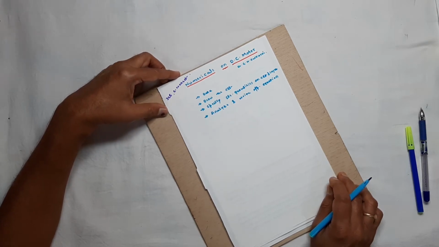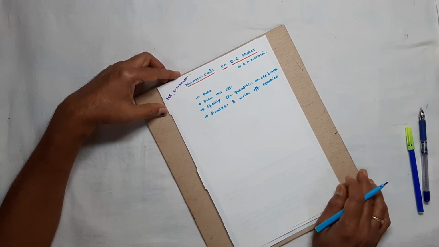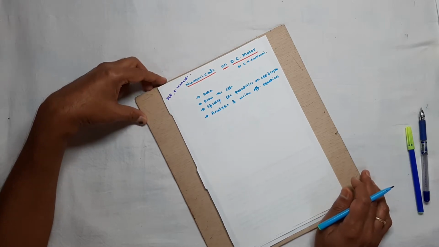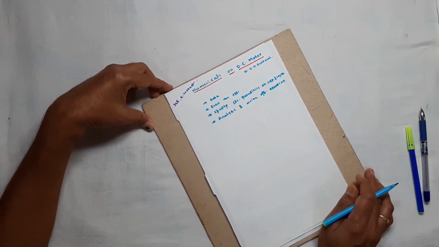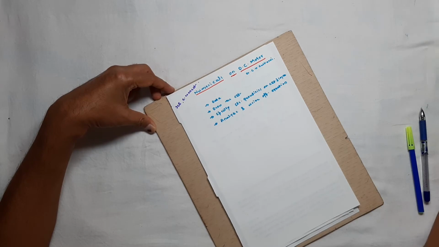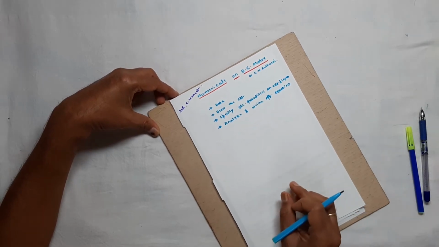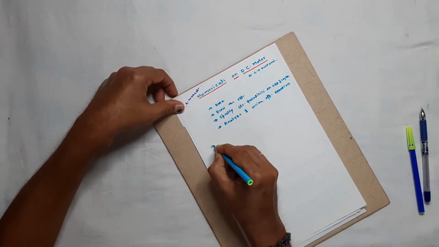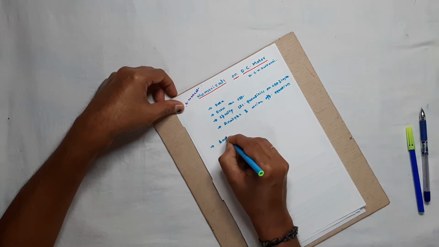In the case of a DC motor, you are concentrating on three important formulas or equations. One is called the back EMF equation.